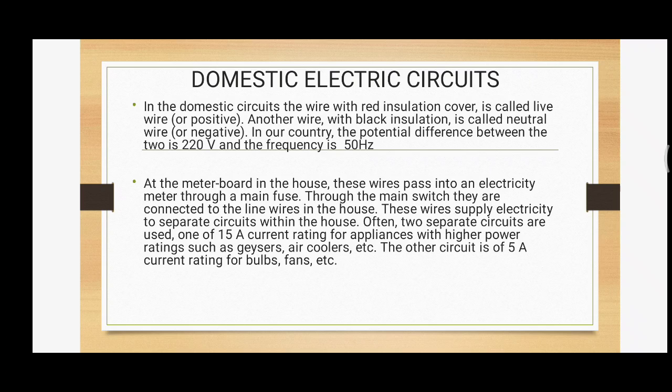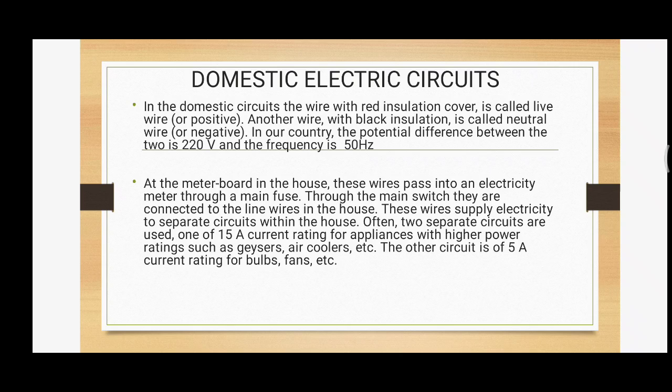You may also have seen the power switches and the regular switches. The power switches have a current capacity of 15 ampere. Power switches are used for appliances like a mixie, fridge, washing machine, etc. It means they need more power.